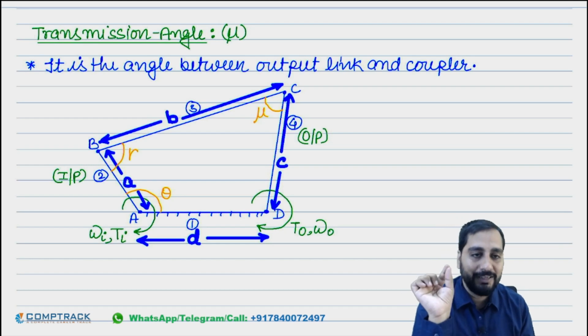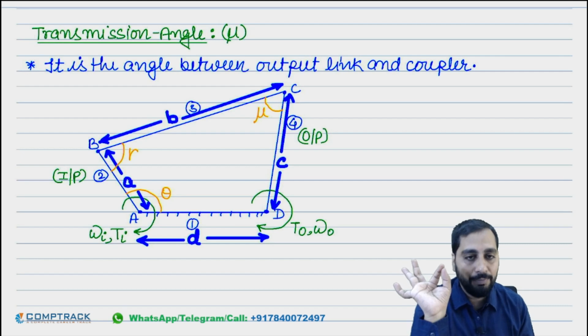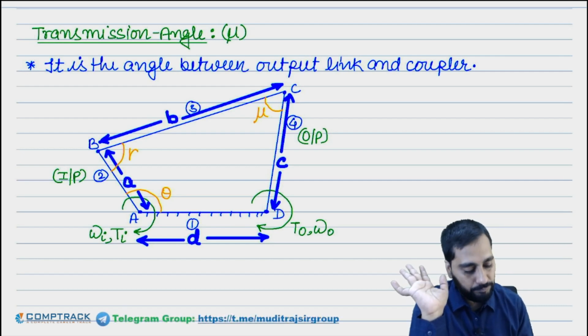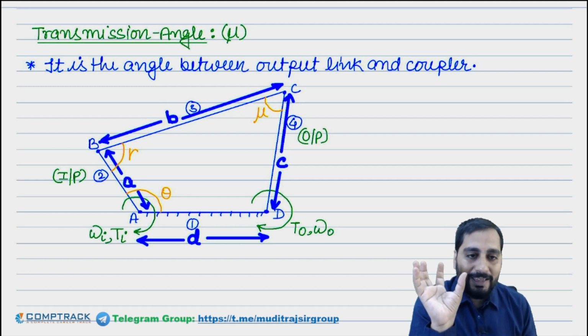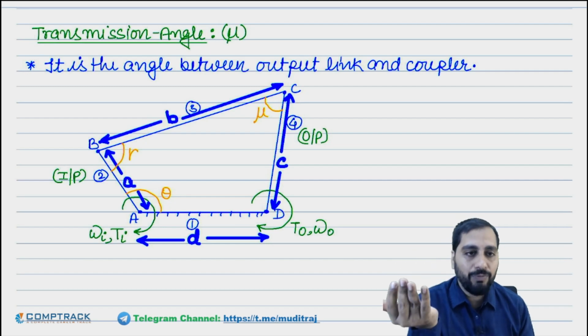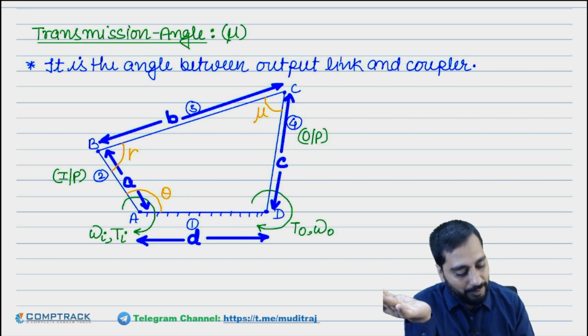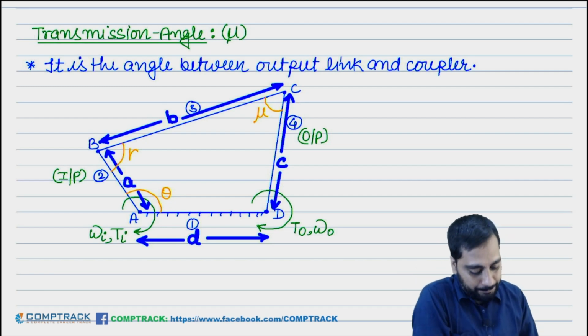Clear? Transmission angle is the angle between the output link and the coupler. Link B is the coupler. This mechanism can be of different types, like crank-rocker mechanism or double-rocker mechanism. How to find that? We can simply apply the Grashof rule.